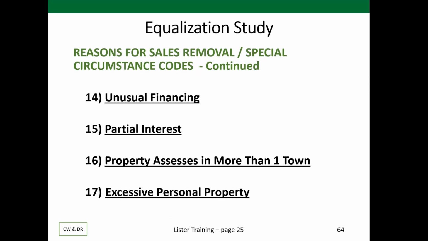Excessive personal property is always an interesting one. Typically, we are only going to consider excessive personal property if we have two pieces of confirming information. So say you have a camp on a lake, which may be a house, depending on how you're using the property, but we've had that discussion, right?